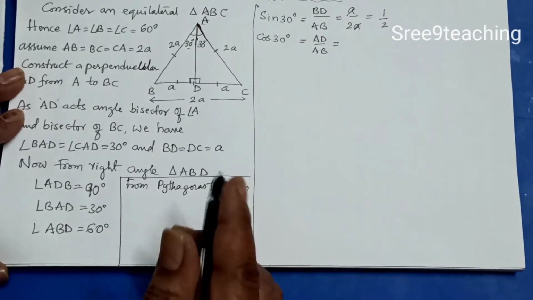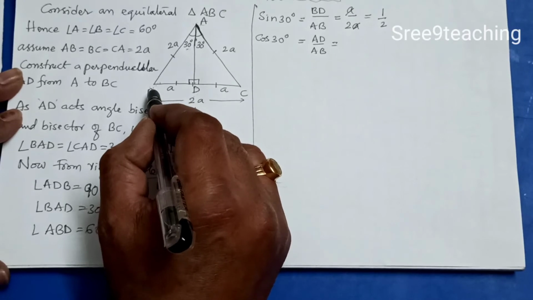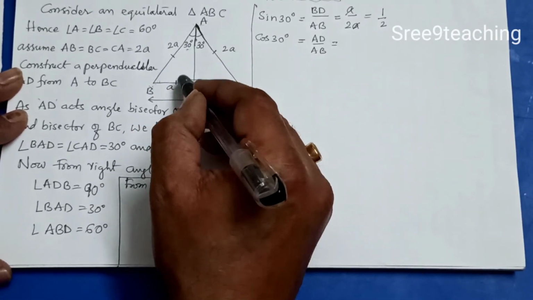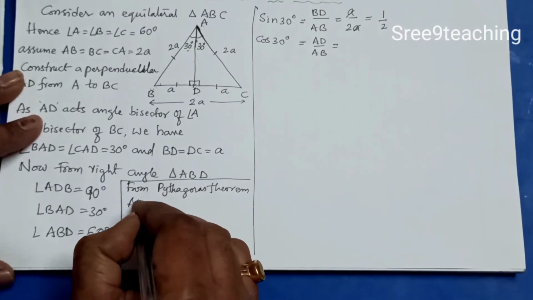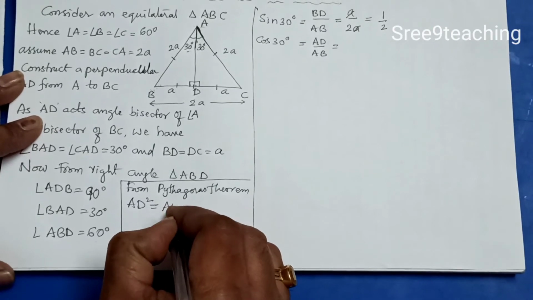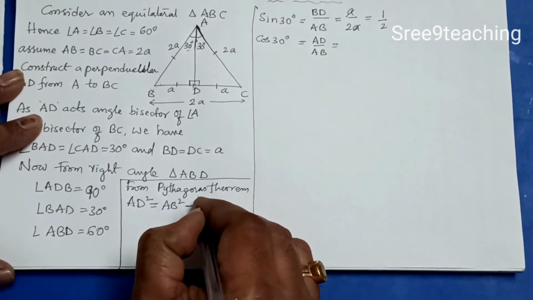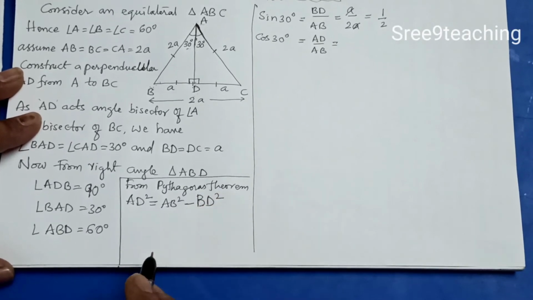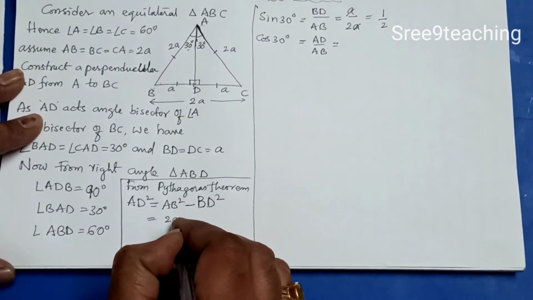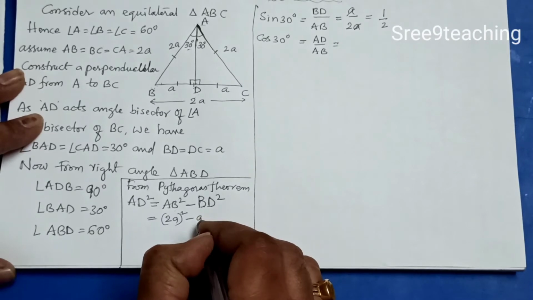From the Pythagoras theorem, we know hypotenuse square, AB square, is equal to BD square plus AD square. If we find AD square, then AD square is equal to AB square minus BD square. AB square is 2A whole square, minus BD square, which is A square.